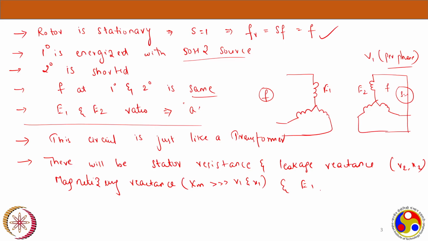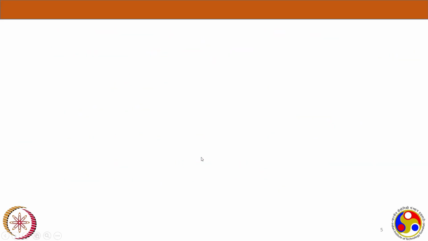Now, if you see the per phase voltage, how the circuit would look like. This will be R1, this will be X1, and I have given a voltage here, and there will be Xm.